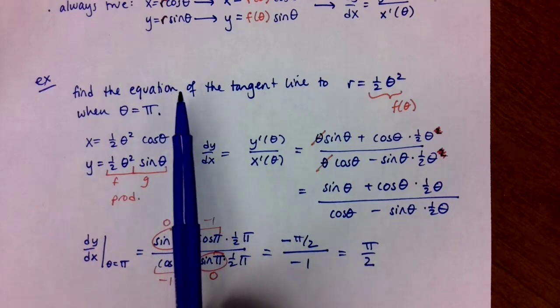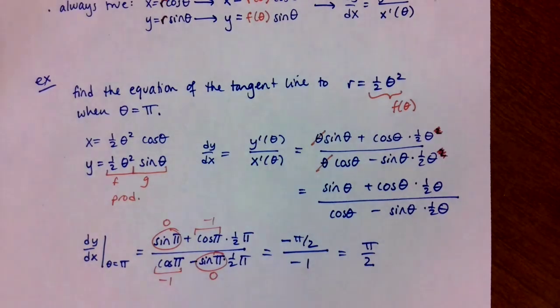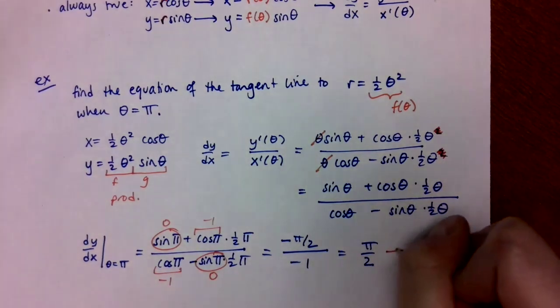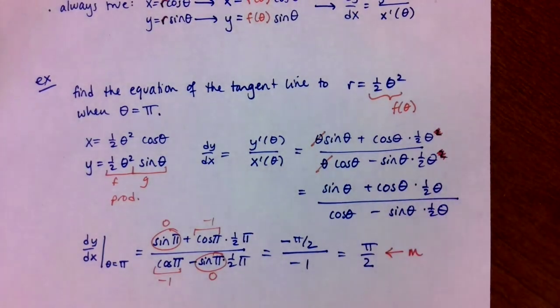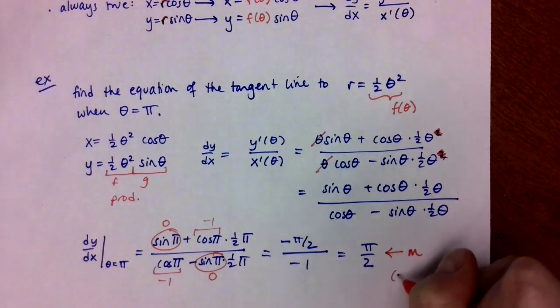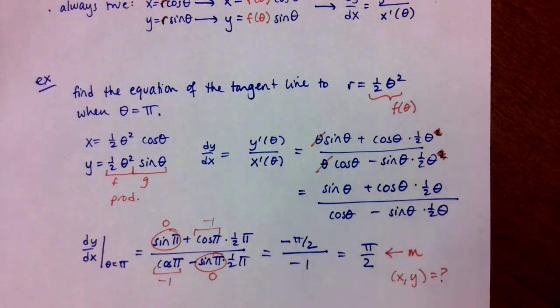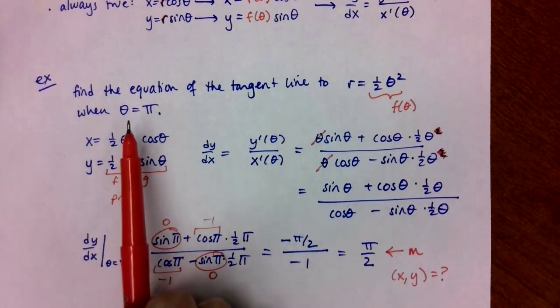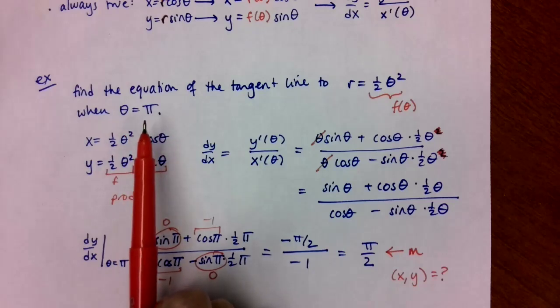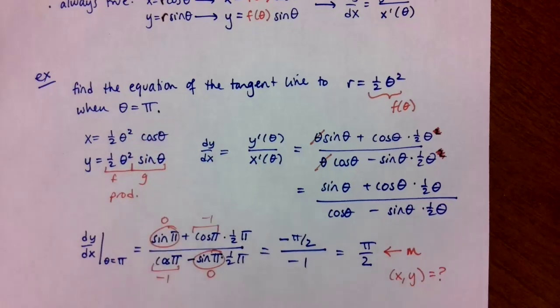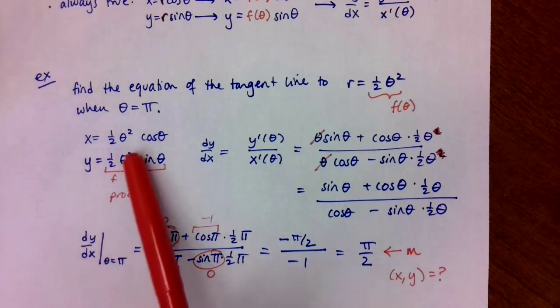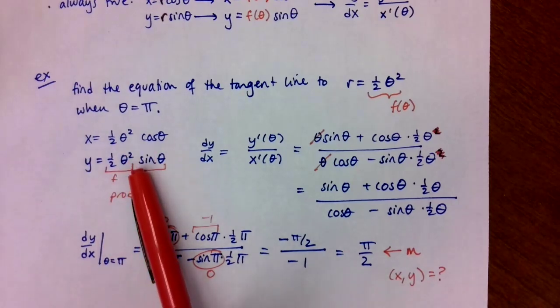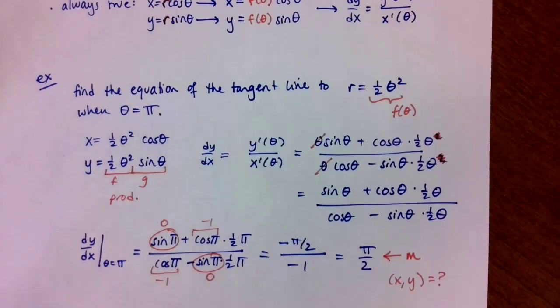If we want the full equation of the tangent line, we've got a little bit more to do. So this pi/2 is the slope of the line. We also need the xy point. And really all we know about this spot on the curve is its theta value. So we're going to backtrack to these two equations here to find the xy coordinates of the point, the Cartesian coordinates of the point at this theta value.